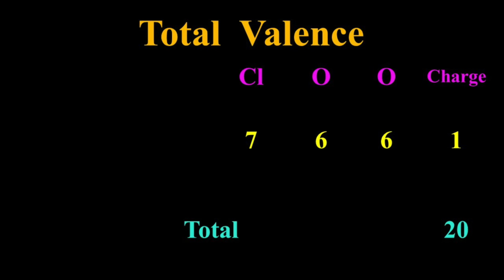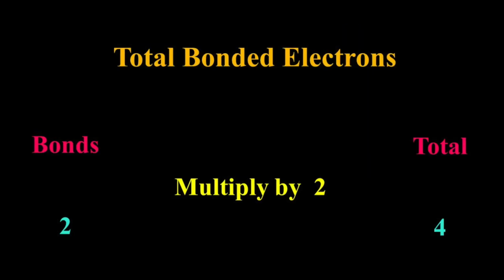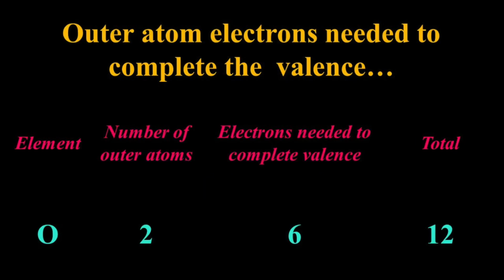So that's going to be 20. And then 20 minus 4 is going to be 16. And then minus 12. So you should have 4 left over, which is 2 pairs.